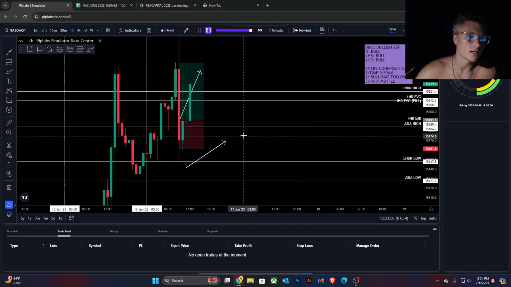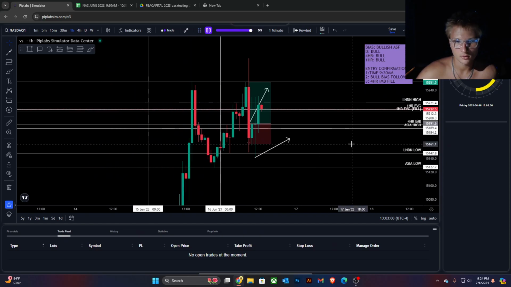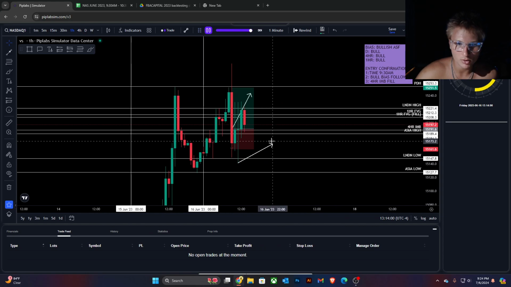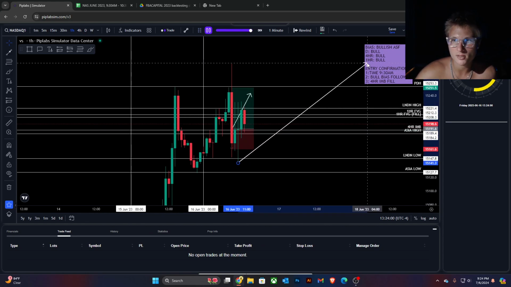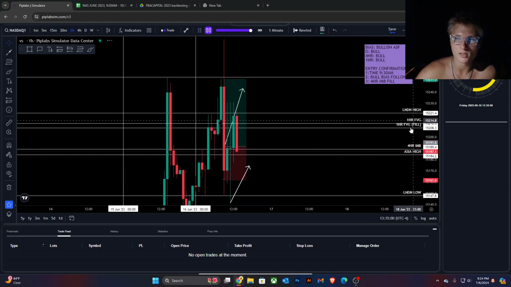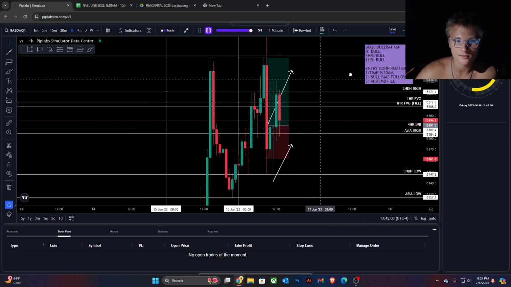That's something I'm going to note down. London low liquidity was swept and we had a bullish reaction following our daily bias. But ideally I wanted to see this 4-hour imbalance get filled and have my reaction off of there.